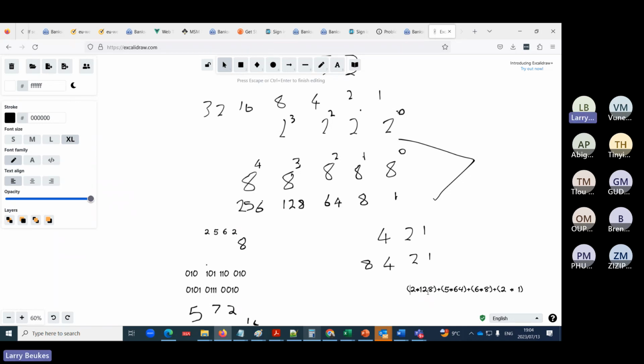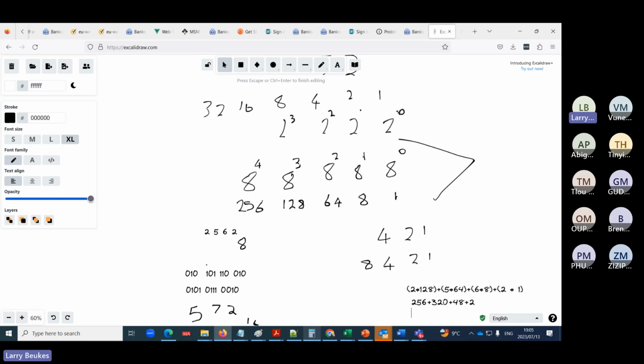So this is going to be 256 plus 320 plus 48 plus 2. Okay, this is 50, this is 370.